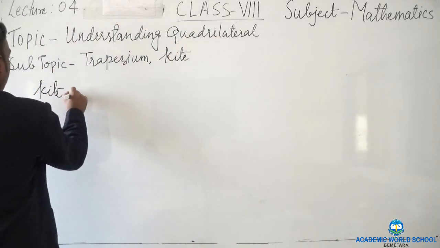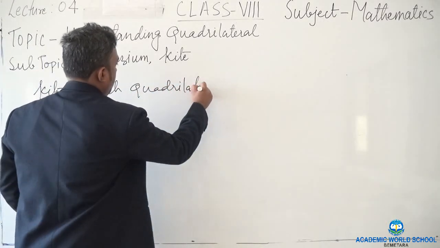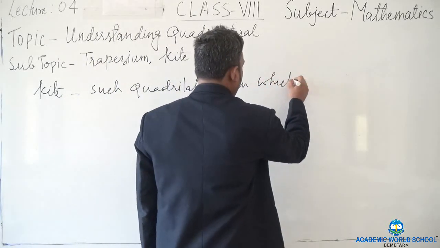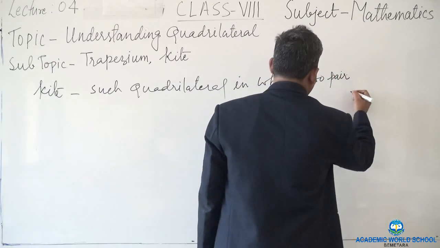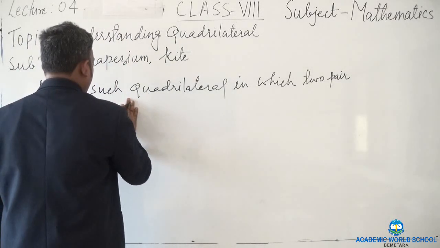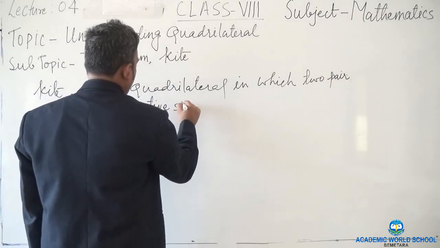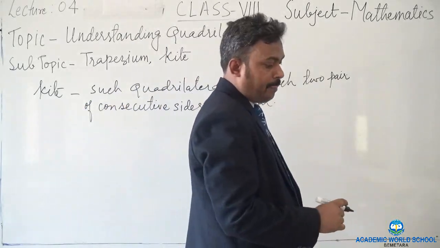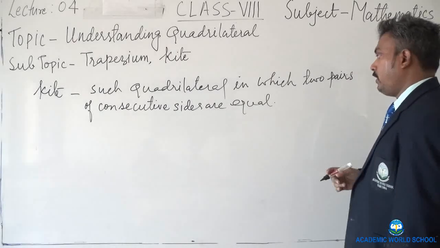Such a quadrilateral in which two pairs of consecutive sides are equal is a kite.